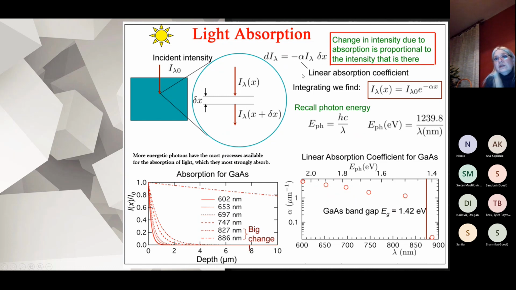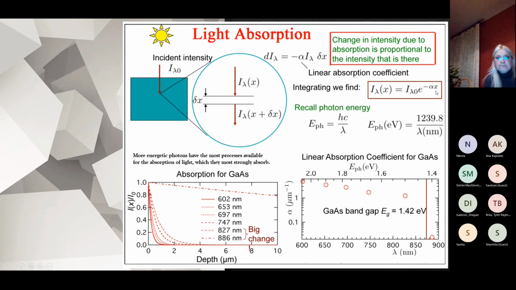This constant we call the linear absorption coefficient. If we integrate this equation, we find that the intensity after penetrating some thickness x is equal to the incident light intensity times the exponential of minus the linear absorption coefficient times the thickness of the matter.